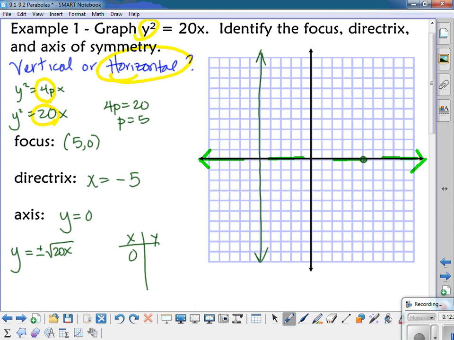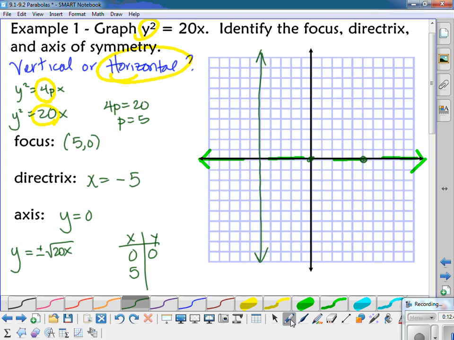And I'm just going to pick really easy numbers like 0 and 5. Plug in a 0, it's going to be 0, and that's where our vertex is. If I plug in a 5, 5 times 20 is 100. So why do you suppose I picked 5? Because 100 is a perfect square. Because 100 is a perfect square, exactly.